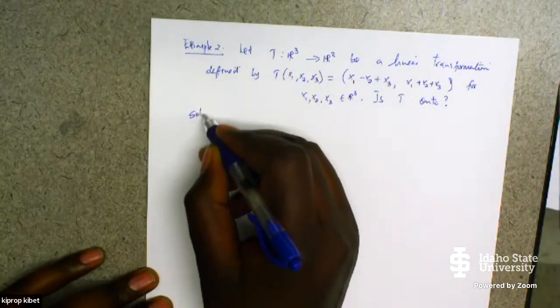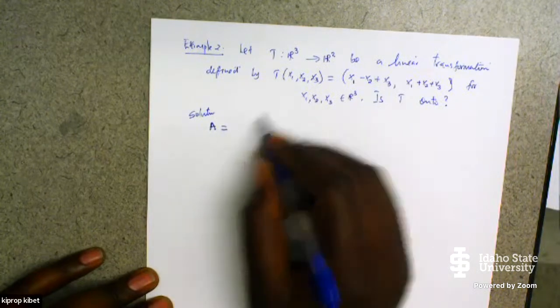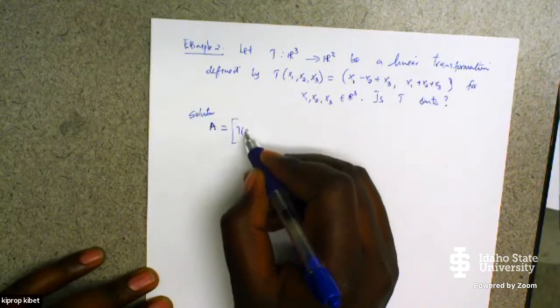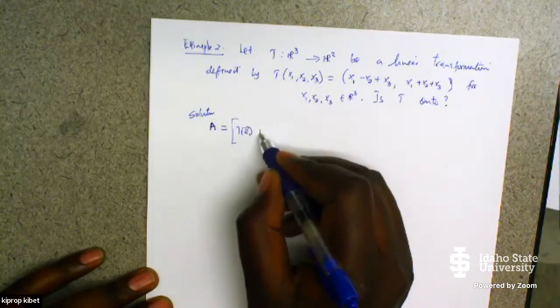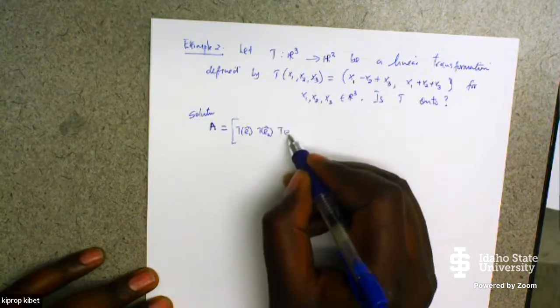For A to be the standard matrix, in our case it is T of E1, T of E2, and T of E3.